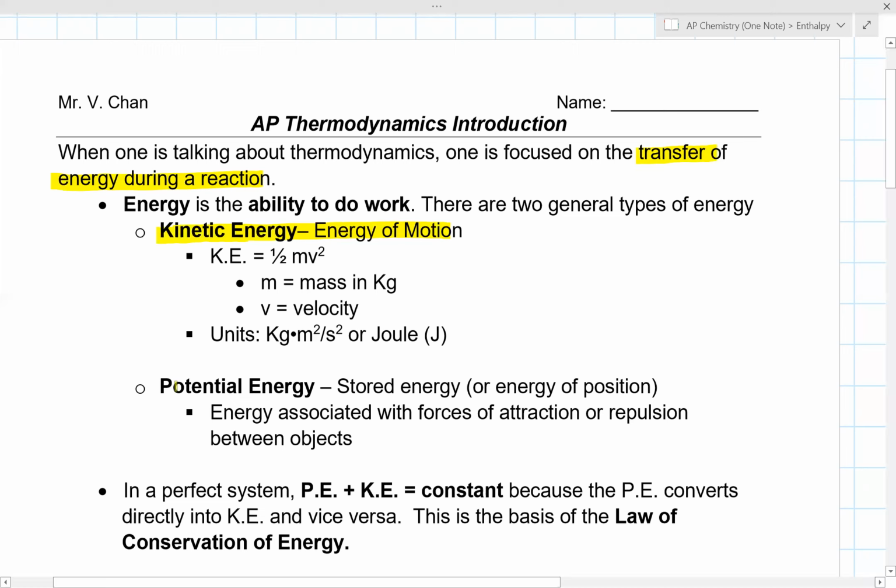Another type of energy that you should have been exposed to is potential energy, the stored energy or the energy of position. It's energy associated with the forces of attraction or repulsion between objects. So those are the two general types of energy that we normally talk about.